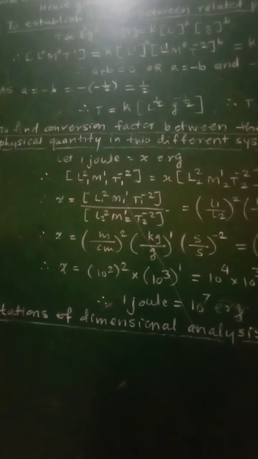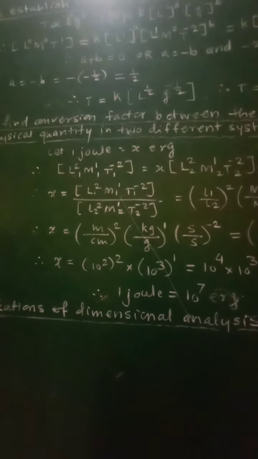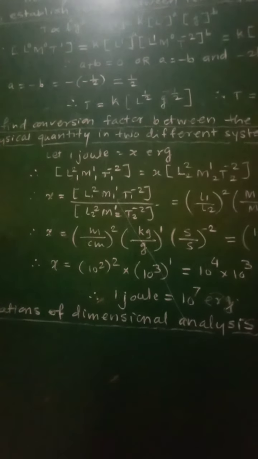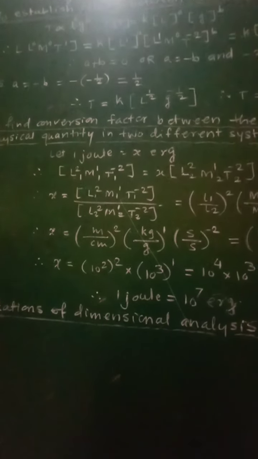Then third is, this method is not useful if constant of proportionality is not a dimensionless quantity. In the second use as well as in the third use, in the second use we have considered that constant of proportionality k, but it was dimensionless, and therefore the limitation is the method is not useful if constant of proportionality is not a dimensionless quantity.